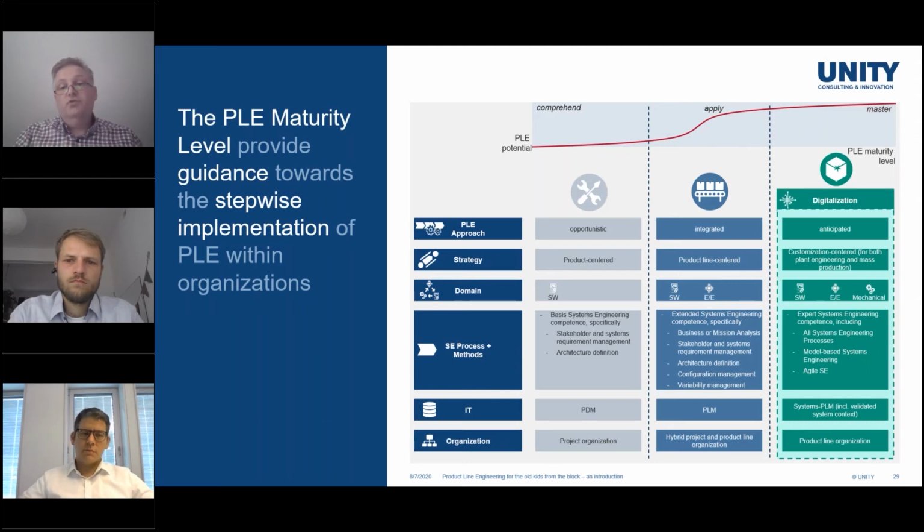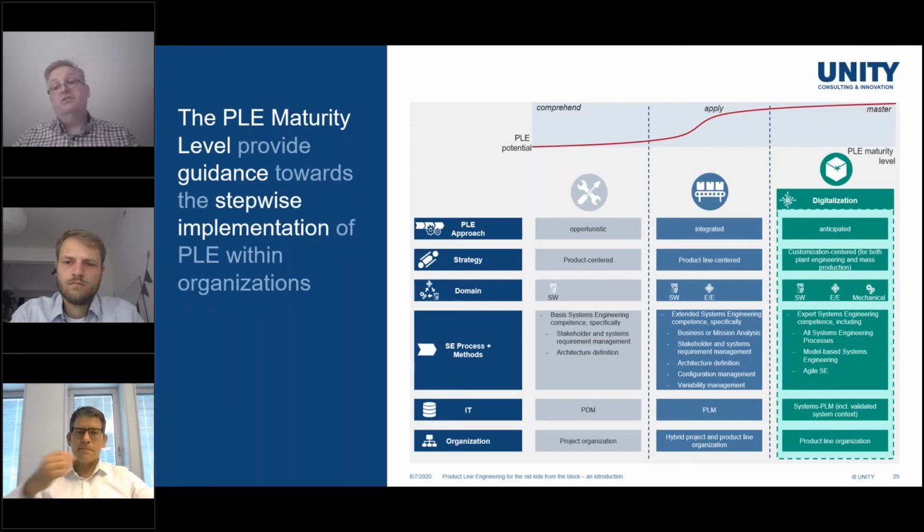If you want to reach the highest maturity level of product line engineering in the digitalized and connected world, which also means integrating mechanical things, then we are facing new challenges. As you can imagine, in several industries the mechanical procurement of some parts takes longer than the anticipated, feature-oriented agile way of working.